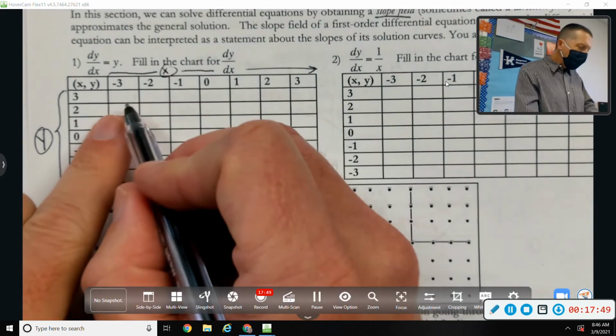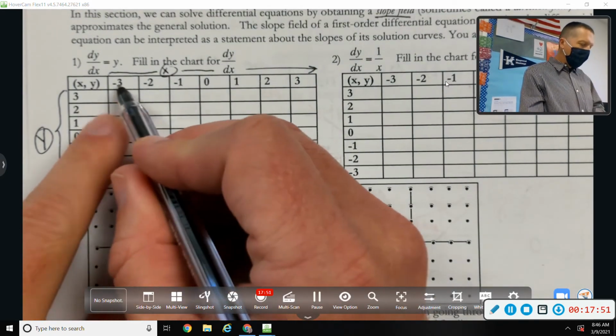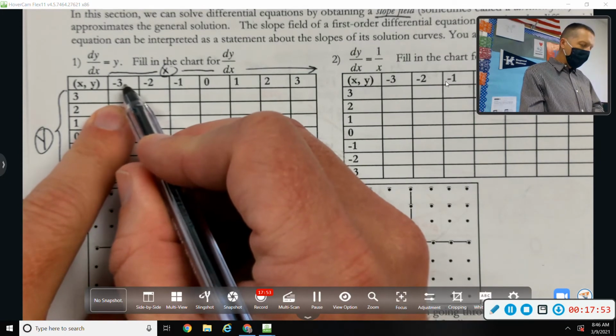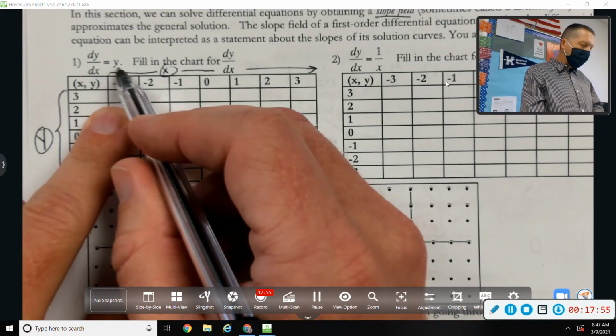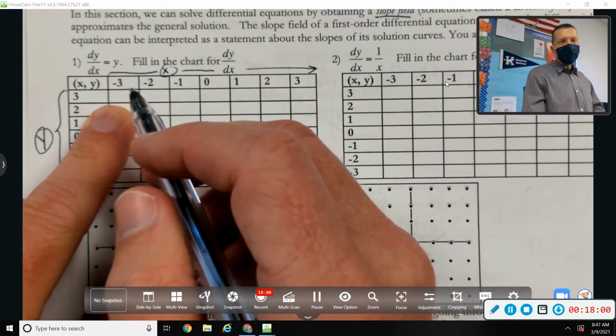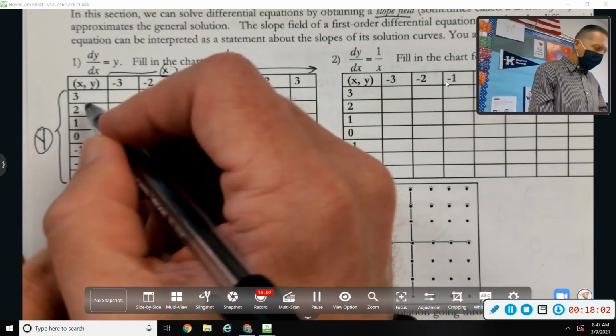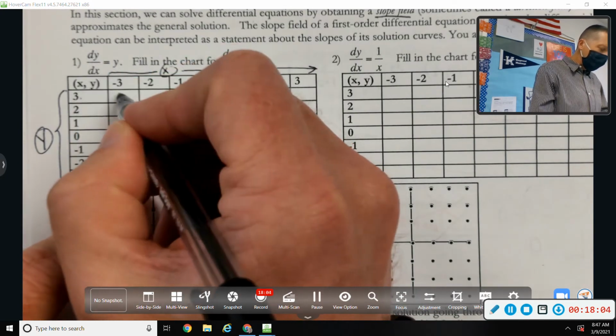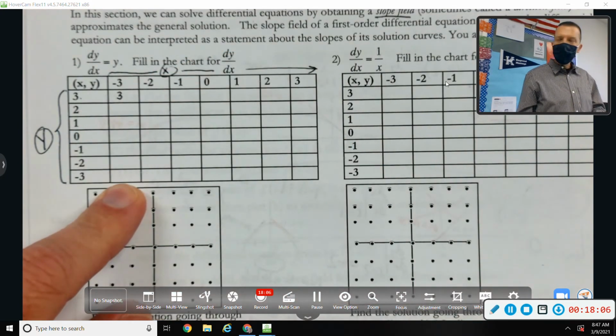So in this top left corner, y is 3, x is negative 3, dy dx is equal to y. So dy dx is equal to 3. If y is 3, dy dx is just 3.